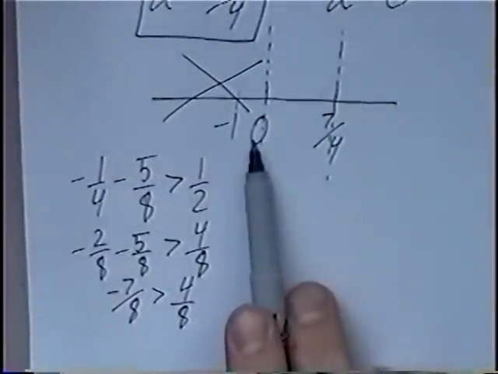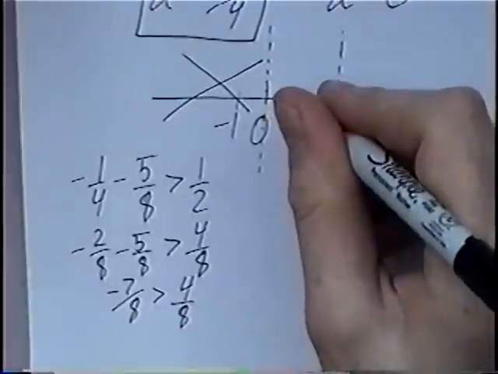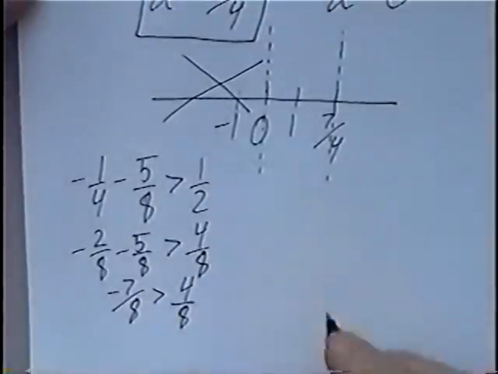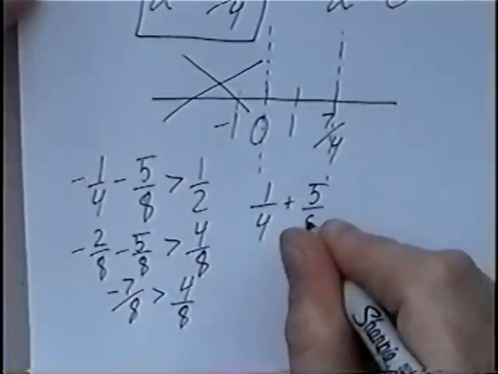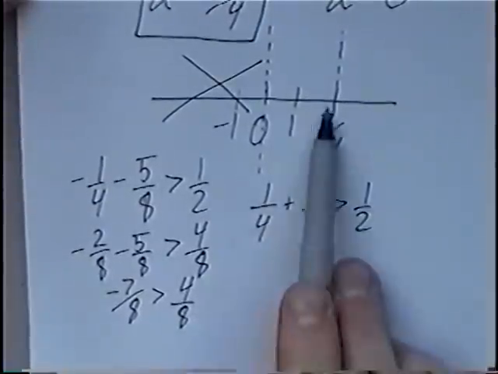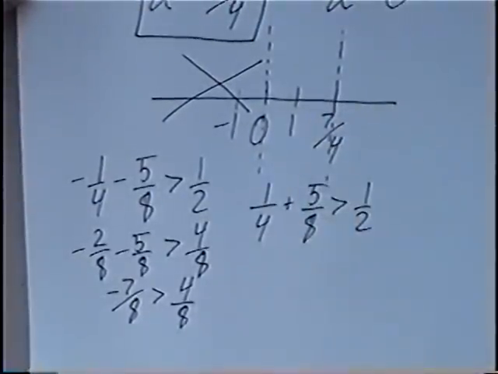Our middle section, numbers between 0 and 7/4, and again we can pick any number. A nice number to pick would be the number 1. Our original inequality again, 1/4a, plugging in a 1 would be 1/4, plus 5/8a, 5/8 would stay the same, is greater than 1/2. And again, if this is a solution, then all the numbers between 0 and 7/4 work.